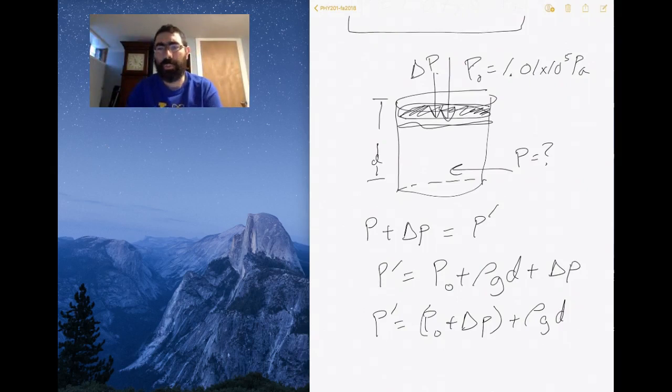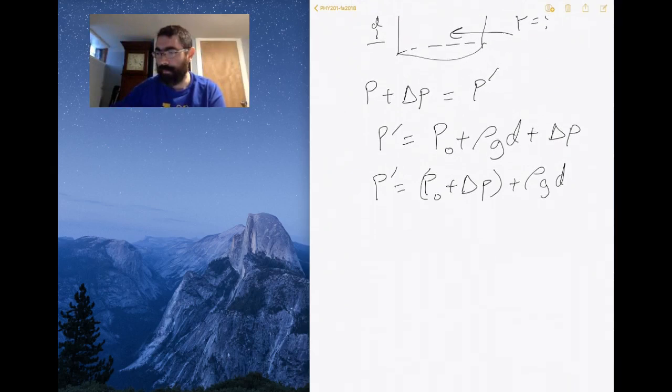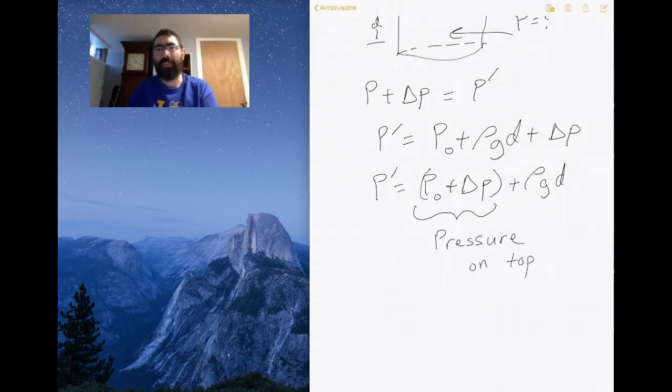So in the end, the equation is pretty much the same. This is just the pressure on top, which can be either from the atmosphere pushing down, or some kind of external pressure where you put a lid on it and press down like a piston to increase the pressure inside the container.